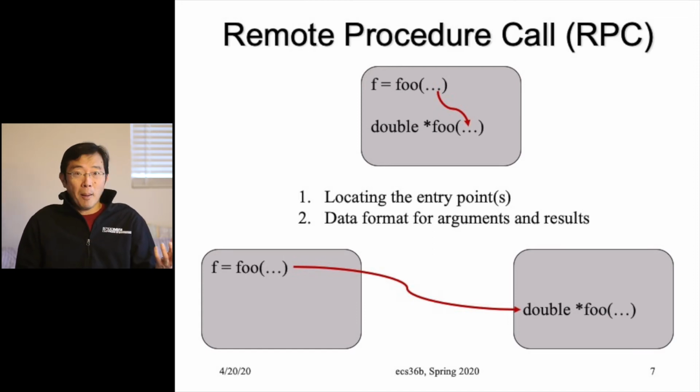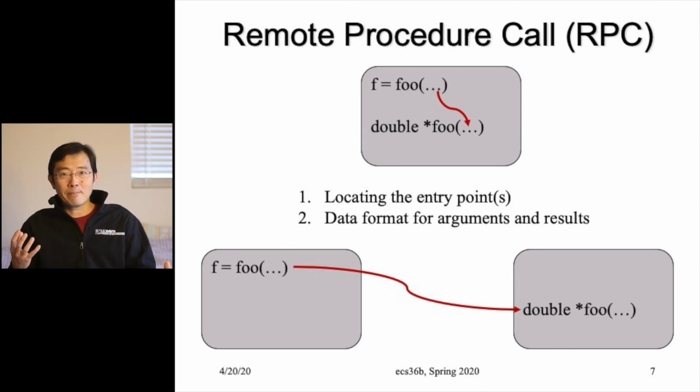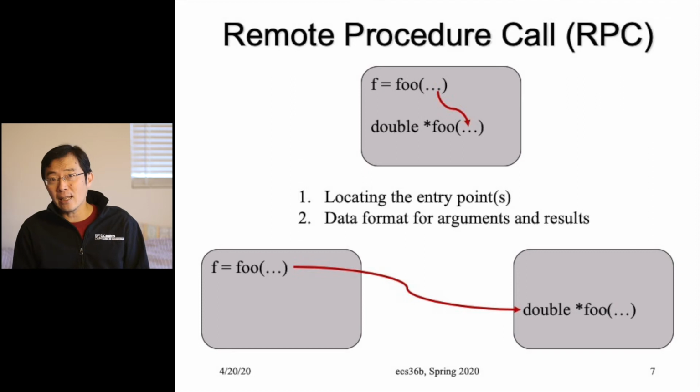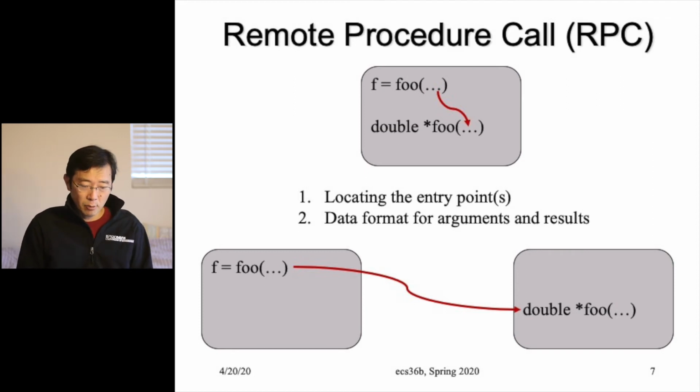Some of these might not even be implemented in the same programming language, and some are not running on the same platform. Just trying to make it interoperable between a Unix machine and a Windows machine already creates lots of challenges you must deal with, just to represent the data. So the second part is how you handle the data format for the arguments and the result.